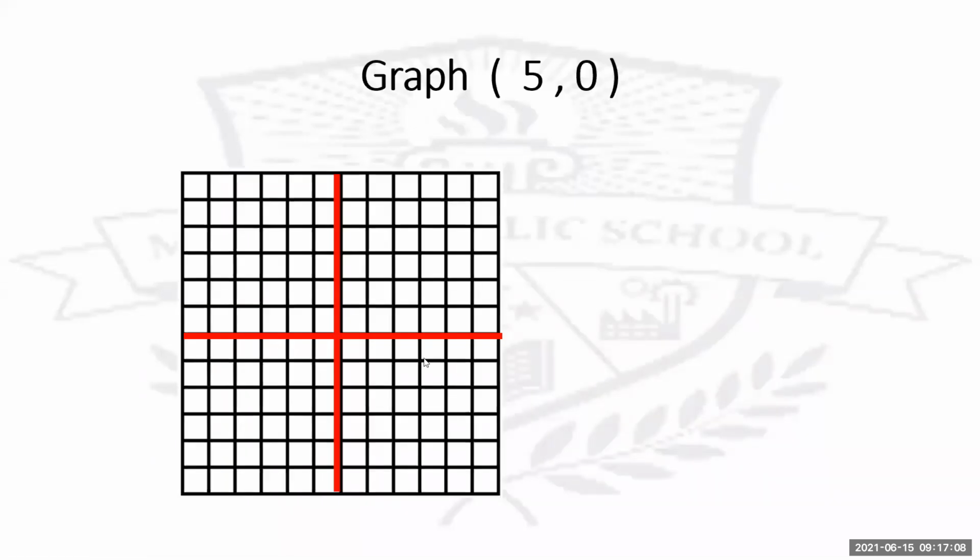Graph 5 comma 0. Now remember this: if your y coordinate is 0, as in this case, check here, the y coordinate is 0 here. So that means the point will lie on the x-axis.